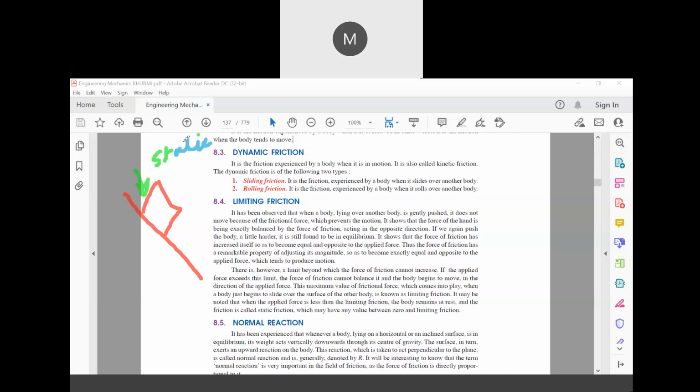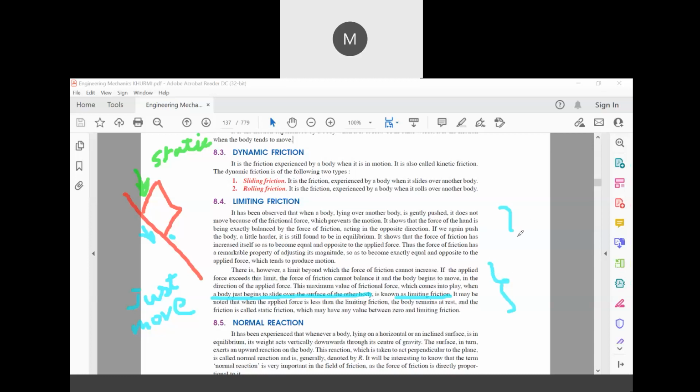Now a certain amount of force is applied, and the body just starts to move. That friction is known as limiting friction, which means a body begins to slide over the surface of another body. Then it is called limiting friction.